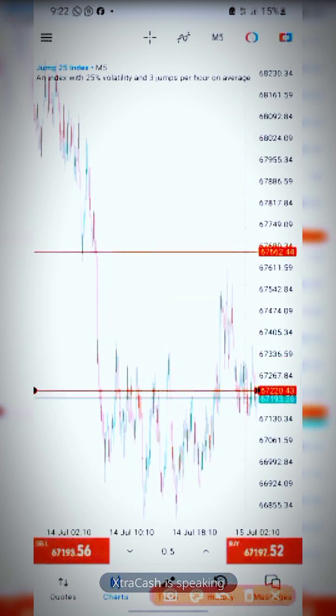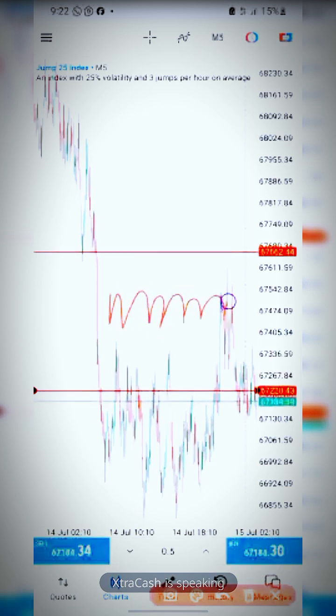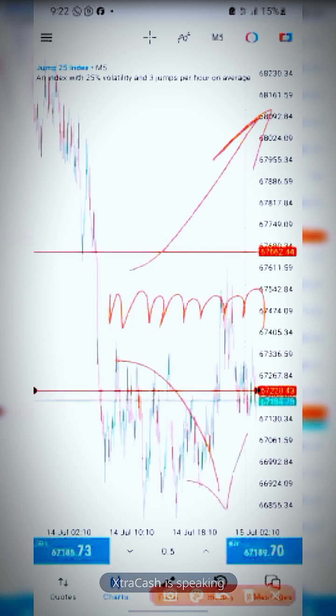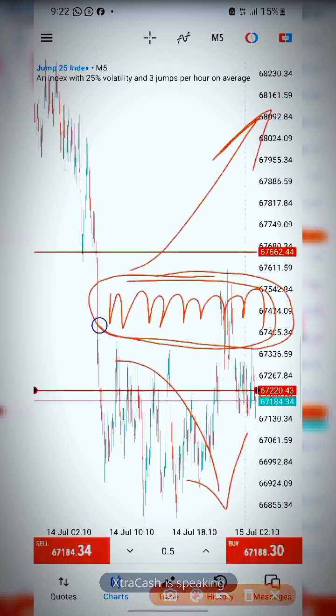If market is not buying or selling, market will be ranging. This is what we call a ranging market. So for trend, we say either market is trending up or market is trending down. But if it's not trending, then market is ranging. It is necessary you understand this.